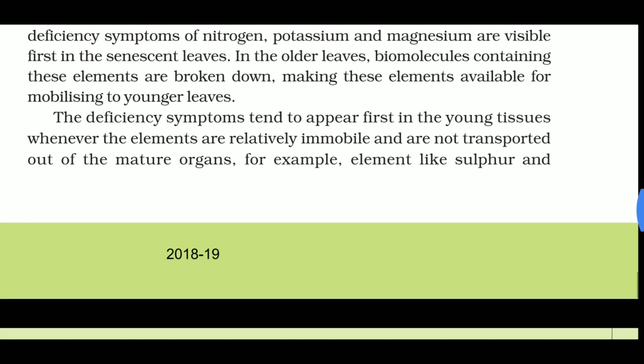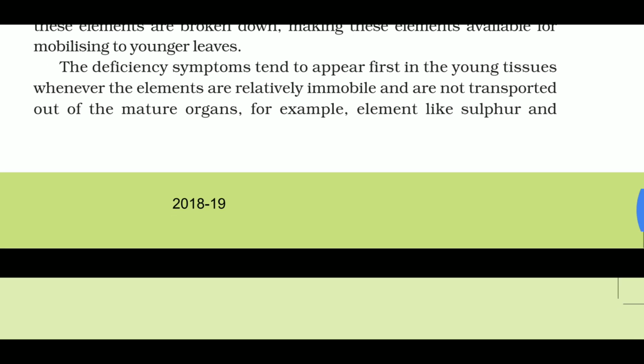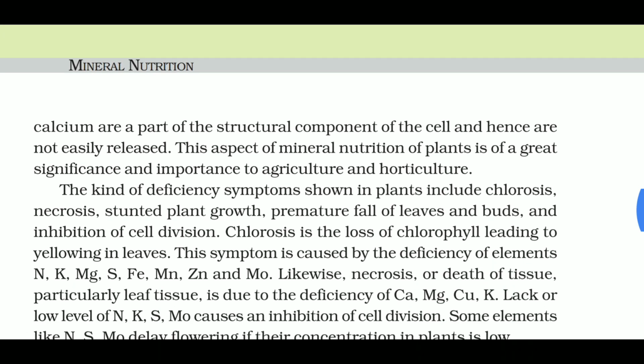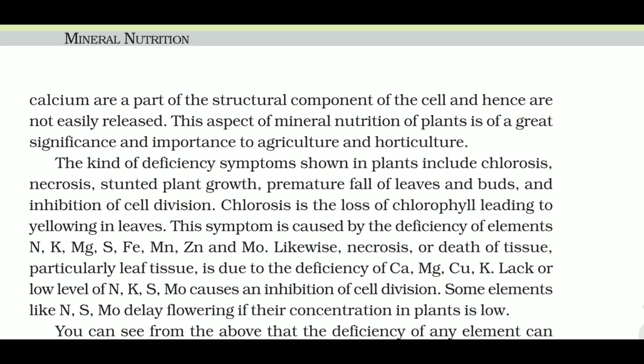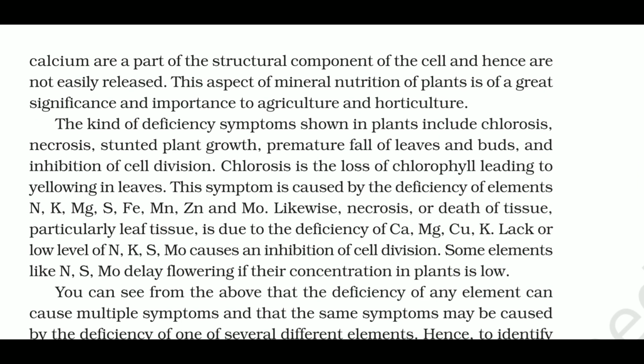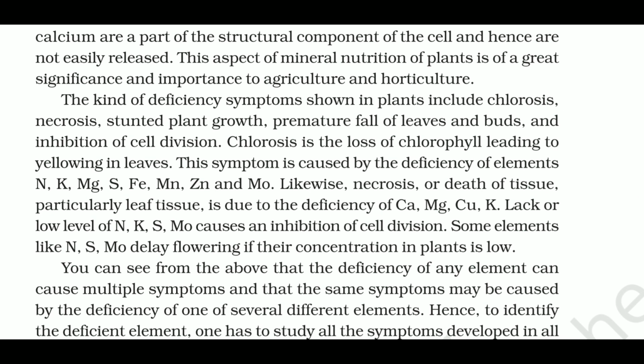The deficiency symptoms tend to appear first in the young tissues whenever the element is relatively immobile or not transported out of the mature organs. For example, elements like sulfur and calcium are part of the structural component of the cell, hence are not easily released. This aspect of mineral nutrition of plants is of great significance and important to agriculture and horticulture.